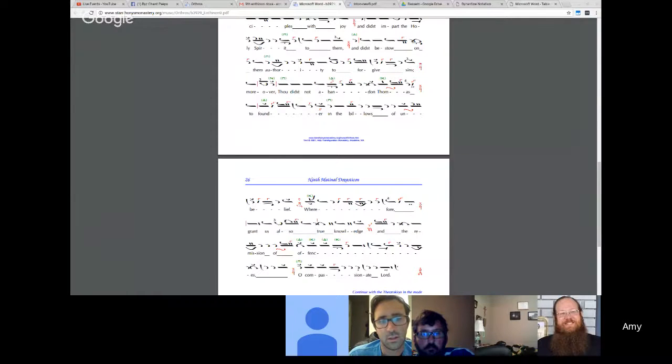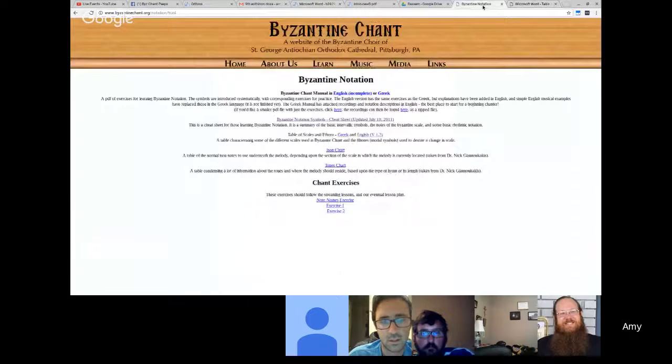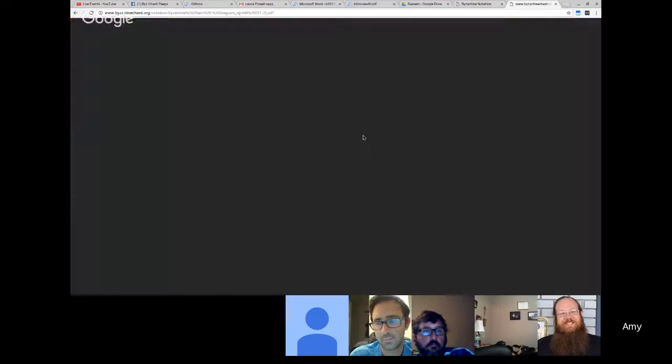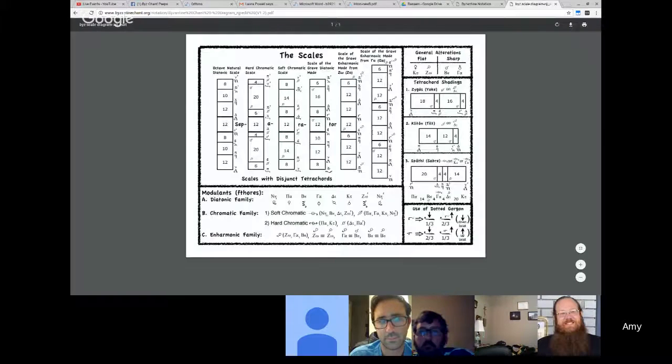Yeah. So are you familiar with this chart? Yeah. I've been looking at that a lot the last month or so. That's good. Yeah, so the Fthora are all down here, and the ones over here, 1, 2, 3, those are all tetrachord shadings. And I tend to think of the Ajam as being more like a tetrachord shading.